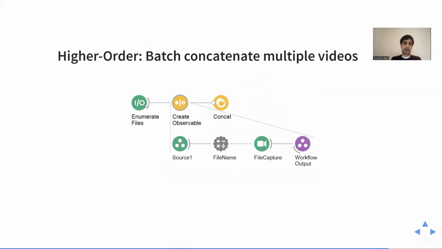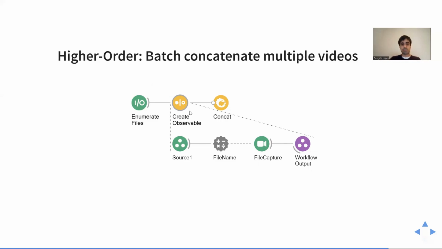So we can see that, expressed as a workflow, the way it works is very straightforward. Basically you start with the enumerated file source, then you pass each file. This will return each of the video files. You pass it to the CreateObservable node.